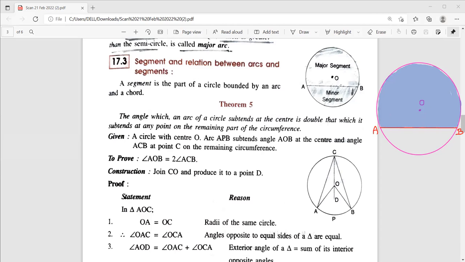And then you have another segment. The another segment is this segment. This is the another part of the circle bounded by the same chord, but the minor arc.